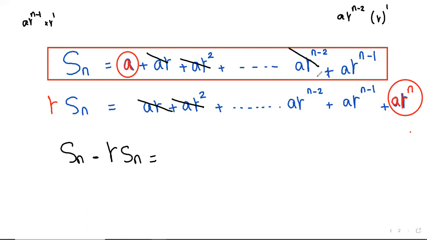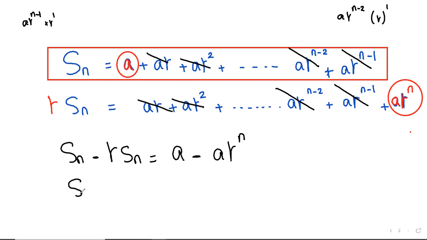And ar to the power of n minus 2 and ar to the power of n minus 2 cancel, and ar to the power of n minus 1 and ar to the power of n minus 1 cancel out. You are left with a minus ar to the power of n.